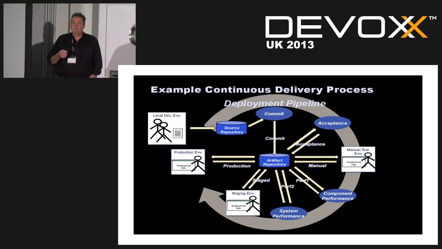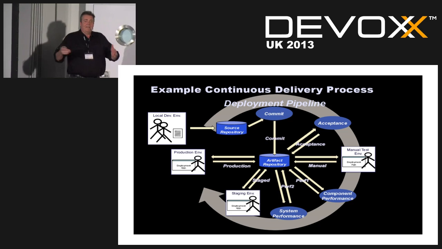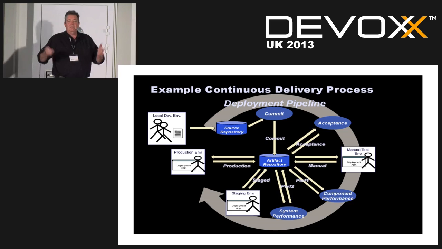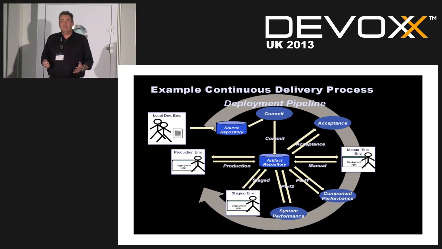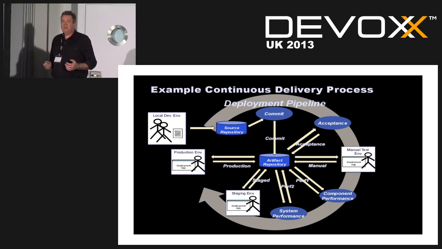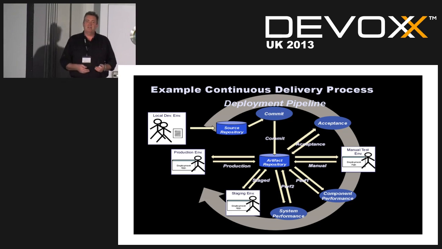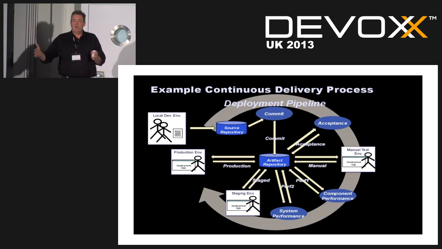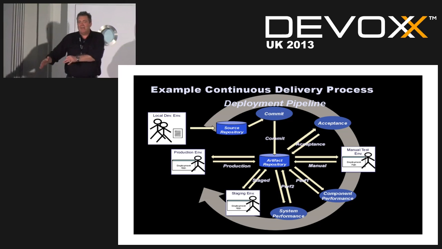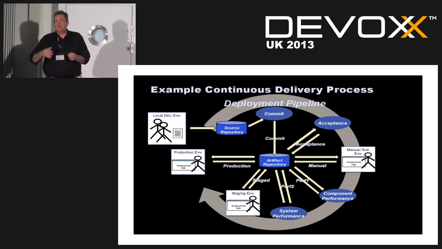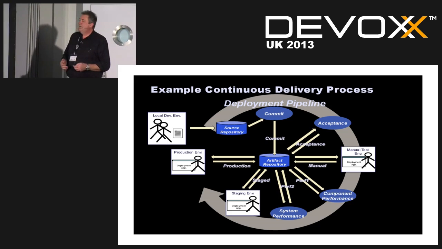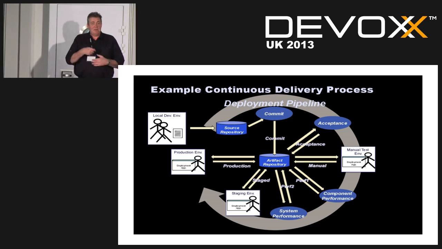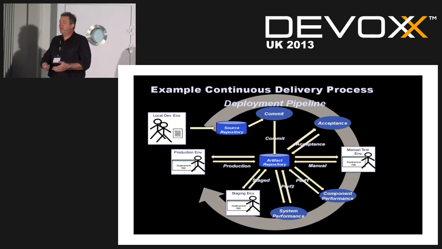Because of the high performance nature of this system, that state was largely held in memory. There were some databases around for various things, but most of the stuff was live in memory, which meant that we had to migrate all of that state in the database and in memory every time we released the software. Which meant that we wanted to be able to rehearse that migration with lifelike data.